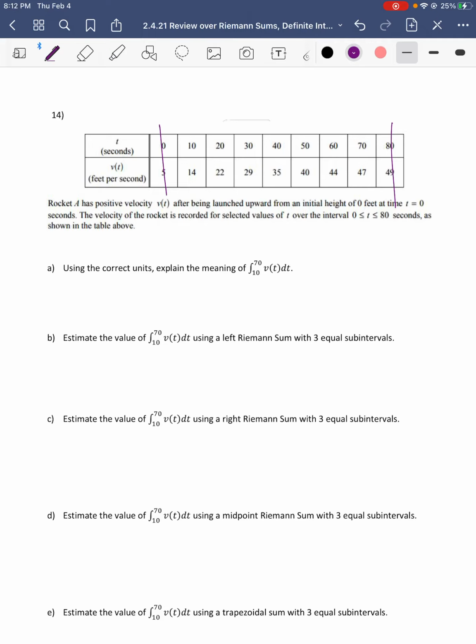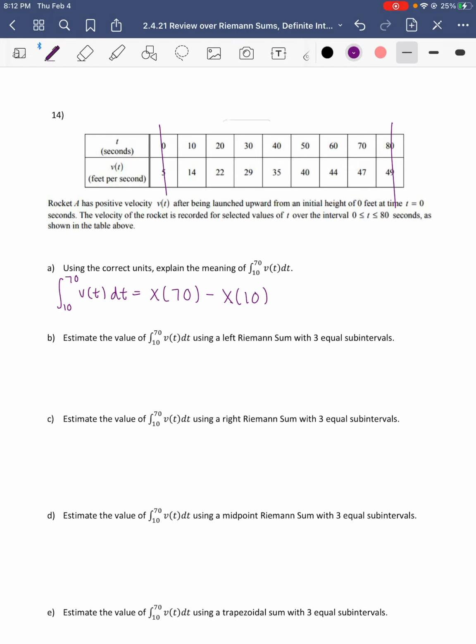But we know that if you take the derivative of position, you get velocity. So that would mean from 10 to 70, the integral of velocity would just equal the position at 70 minus the position at 10. So we need to explain this meaning.